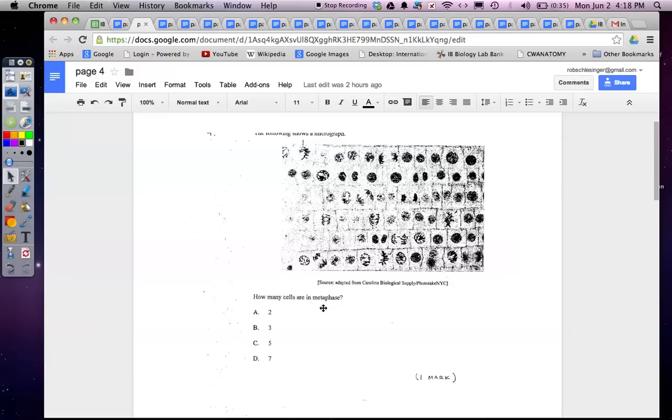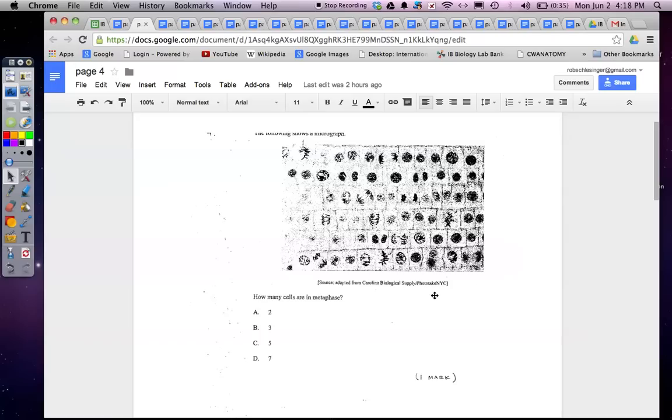Now, the first thing you need to look at is which cells have a nuclear envelope and which cells don't. Because if they have a nuclear envelope, that immediately discounts them and means that they're in prophase or still in interphase. So all of these cells here, for example, are not in metaphase. Most of these cells here are not in metaphase. A lot of these cells here are not in metaphase, and so on and so forth.